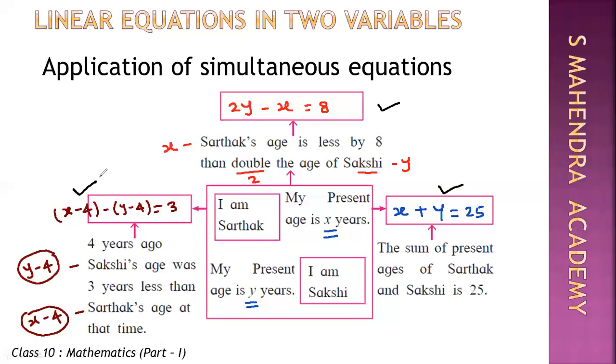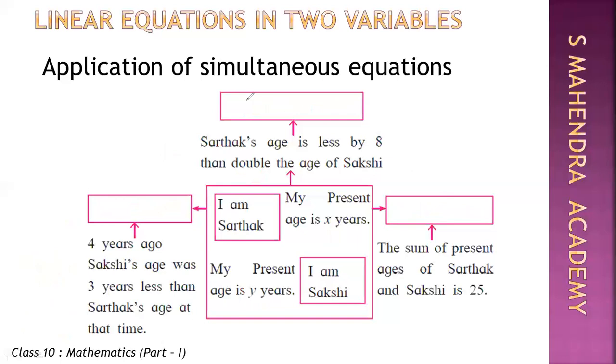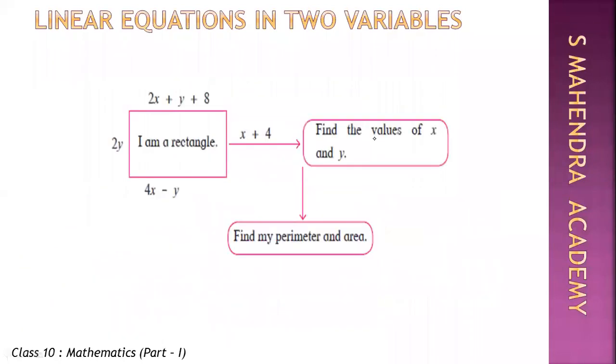Now we will move towards a simple example. Here a rectangle is given. As we know, the rectangle has equal dimensions of opposite sides.